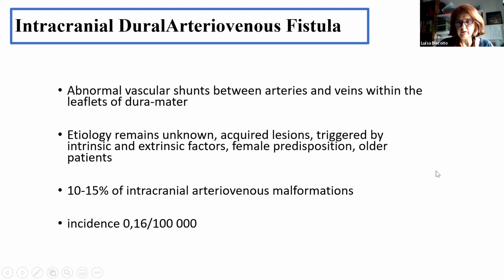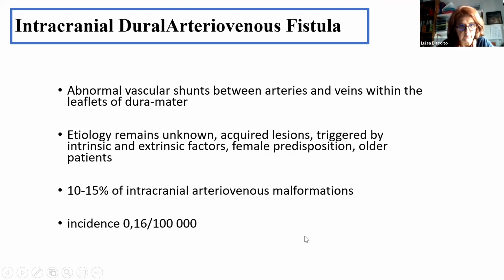Okay, so the dural fistulas are an abnormal vascular shunt between arteries and veins within the leaflets of the dura mater. The etiology remains unknown, but they are acquired lesions triggered by intrinsic and extrinsic factors. It's more frequent in women and in older patients.